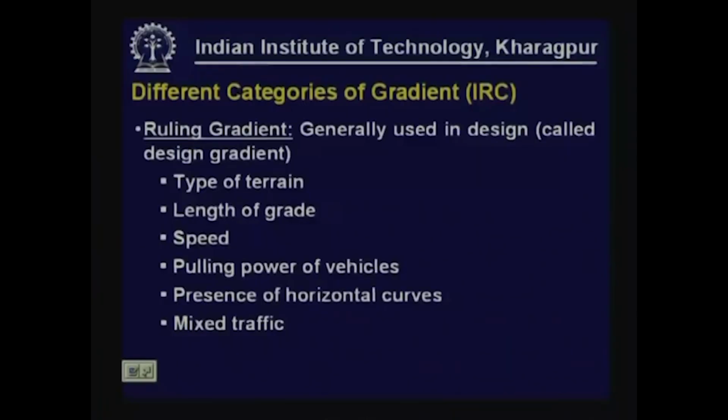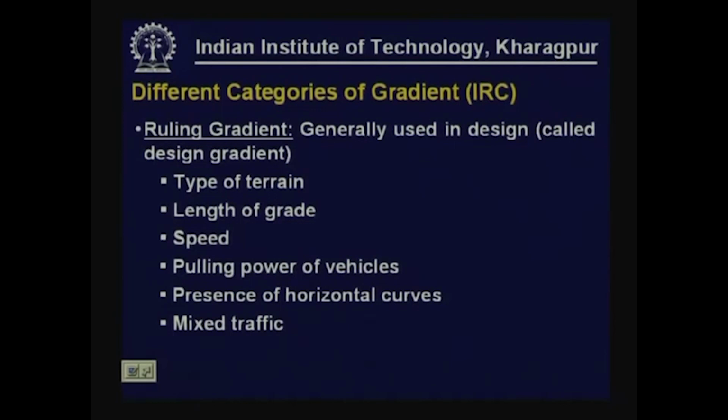Now, ruling gradient is generally what we should try to use for normal design practice. That means, this is the limit we should try to use as far as possible under normal condition when we are adopting the design. So, it is generally used in design, and is also called design gradient.